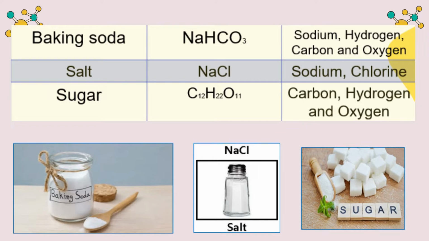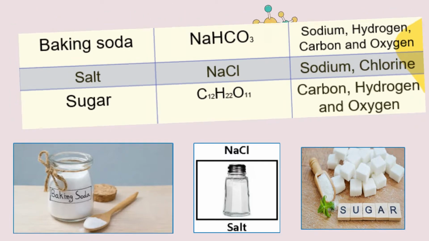Constituent elements are sodium, hydrogen, carbon, and oxygen. For salt, we have NaCl. Constituent elements: sodium and chlorine. And for sugar, we have C12H22O11, and the constituent elements are carbon, hydrogen, and oxygen.